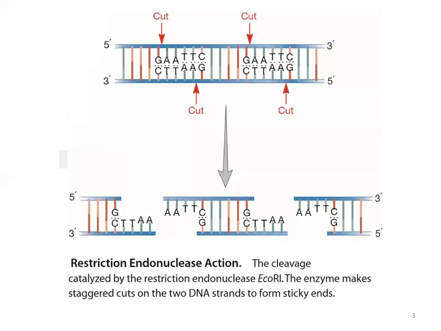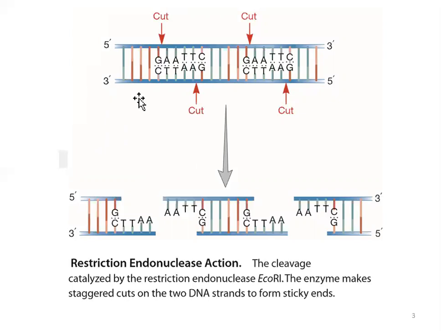So here in this picture you can see how a restriction enzyme works. This is a sequence of the nucleotide bases in a DNA fragment. You may call it the template DNA, and here GAATTC is the recognition site for EcoRI endonuclease.